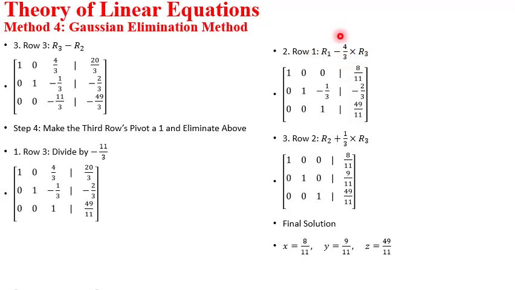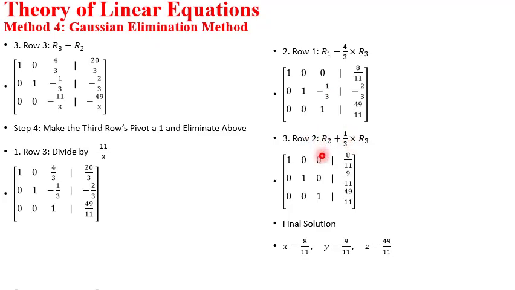So when we perform this row operation on this first row, what we get is we eliminate 4 all over 3 in this third column and first row to become 0, and this augmented part becomes 8 all over 11. So again, we try to eliminate the element in the third column and second row using this row operation.